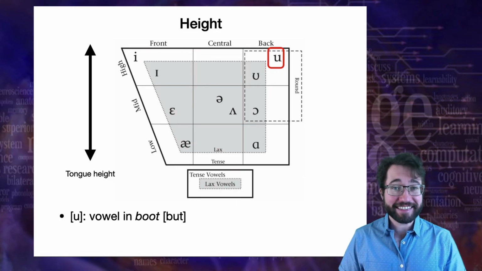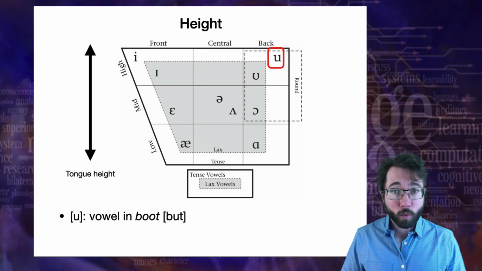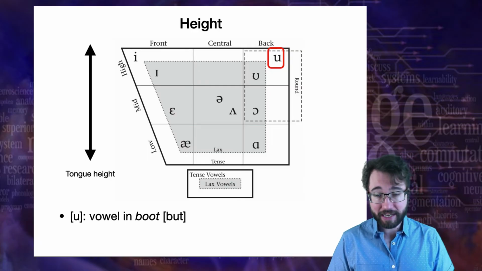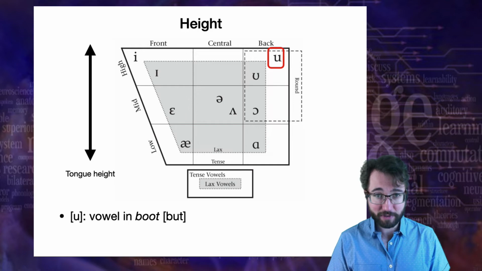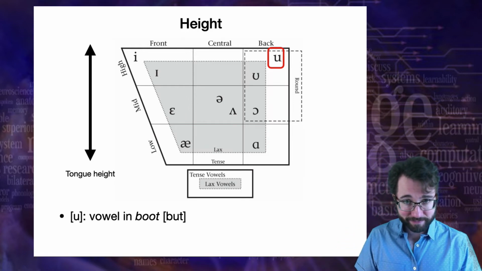When you say something like e, you can feel and you can see you're not rounding your lips. E is unrounded, oo is rounded. So oo, that vowel, is the high back rounded tense vowel in English. So its features are high, back, rounded, tense.